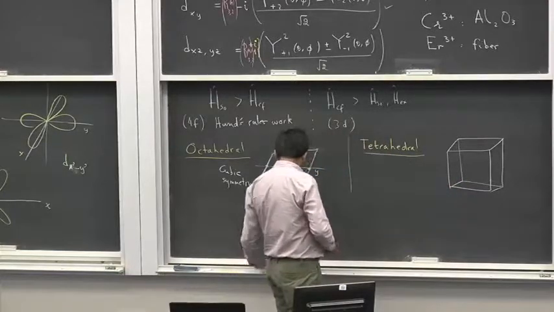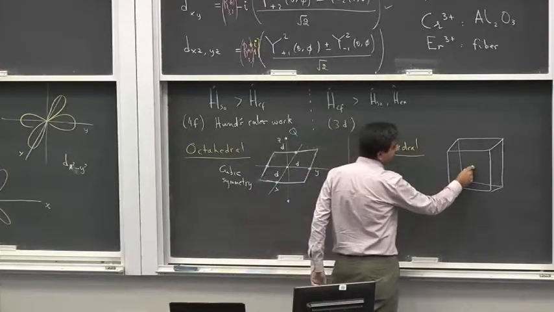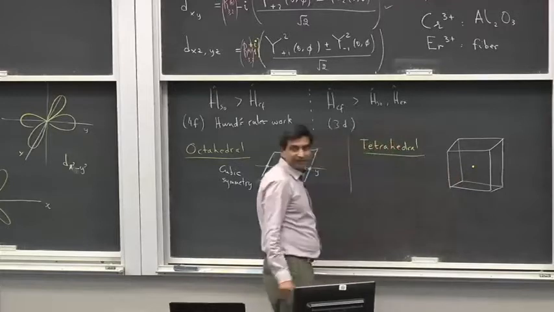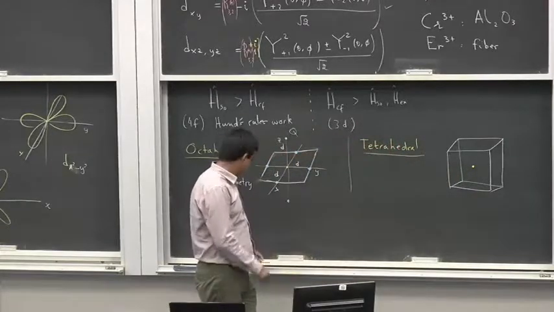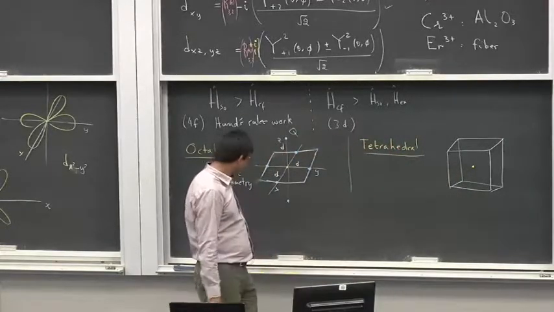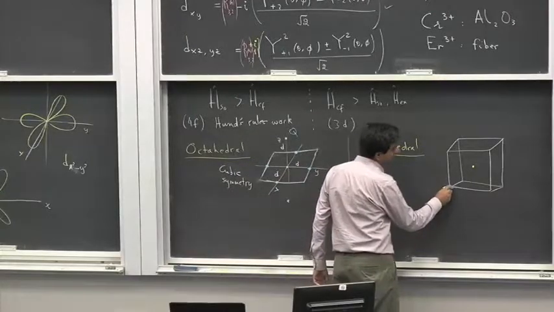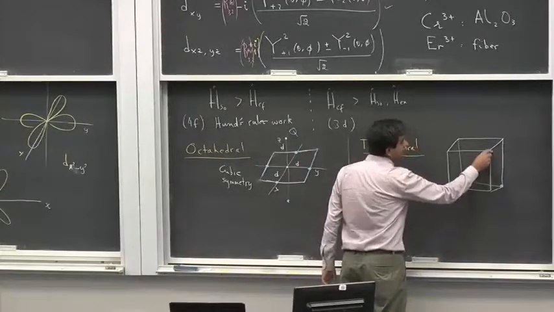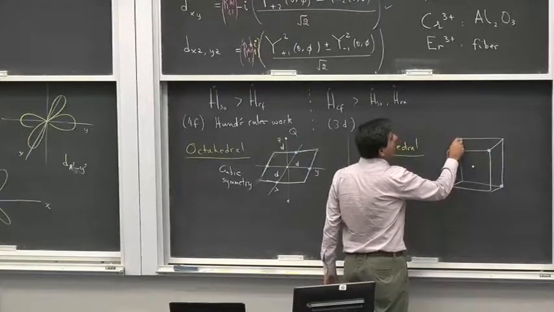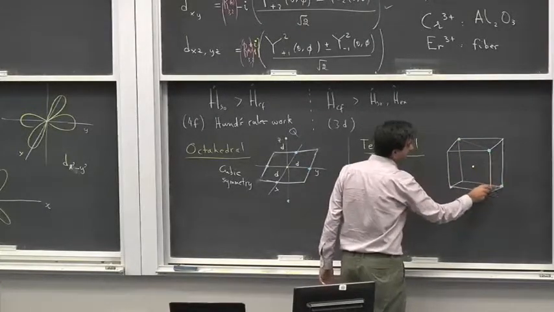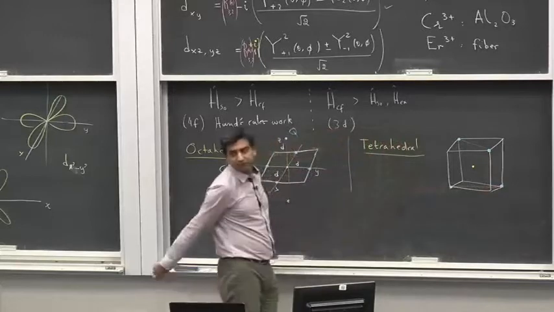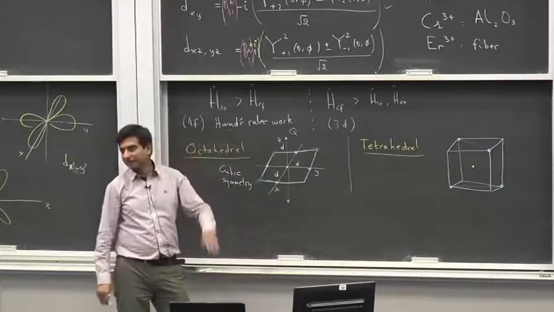The metal ion, the 3d ion, is at the body center of the cube, and it is coordinated by 4 anions on the diametrically opposite diagonals of the faces.